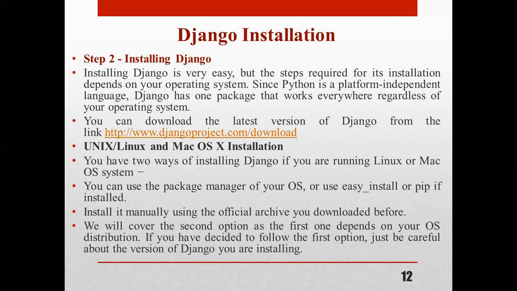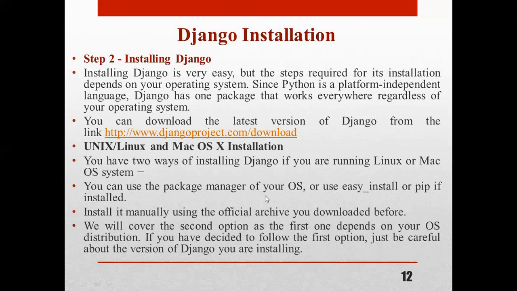You can download the latest version of Django from the website www.djangoproject.com/download. If you have Unix or Linux and Mac OS, you can follow the steps; you have two ways of installing Django if you are running on Linux or Mac OS.